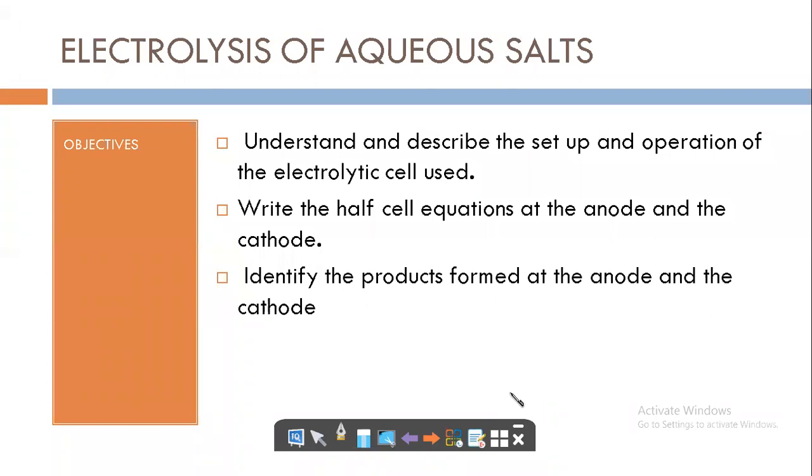That's the only difference. Otherwise, electron flow and movement of ions are still the same as molten salt. It's just applying the idea of electrolytic cells. Again, the main questions that appear in the exam are for you to identify the products at the anode and at the cathode, and write half equations as well.